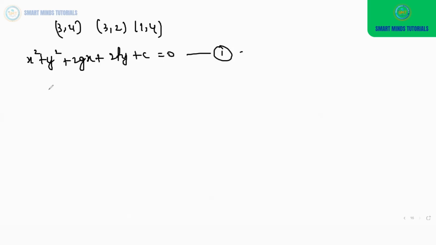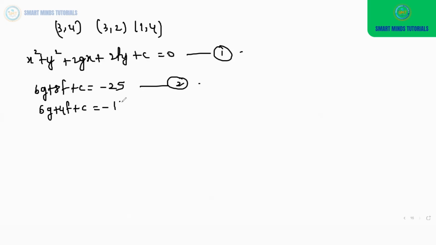If I substitute first point, I will get 6g plus 8f plus c is equal to minus 25, equation number 2. If I substitute second point, I will get 6g plus 4f plus c is equal to minus 13, equation number 3.